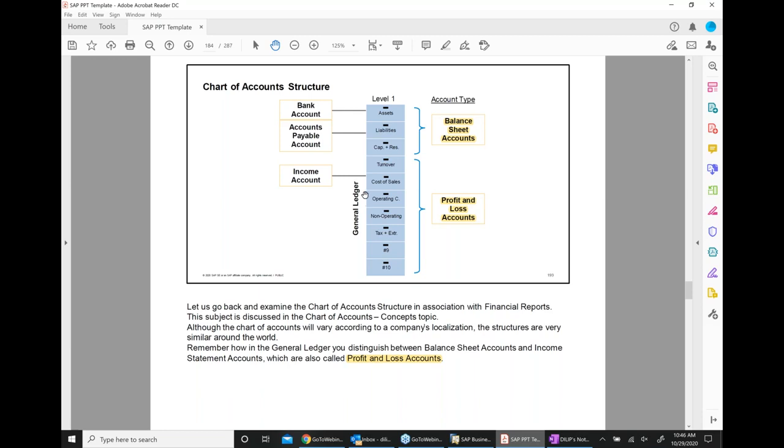Okay. So here, at the top, drawer 1, drawer 2, drawer 3 are part of the balance sheet account. And then these, turnover, cost of goods sold, operating expenses, non-operating expenses, they are part of your P&L. So that is how you differentiate between your balance sheet and P&L accounts.